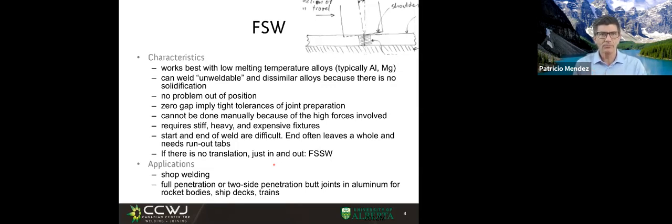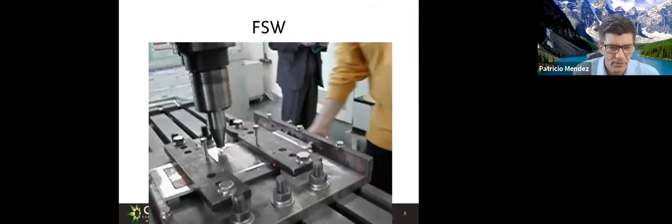That's aluminum, and that's welded with friction stir welding. One of the engineers leading this welding got a big award for her job on these ships. Let me show you a video of friction stir welding in action.